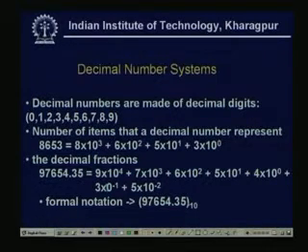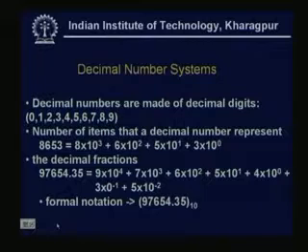This 10 we define as the base or radix. From our common concept of the decimal number system, every number system has one base. Here the base is 10.